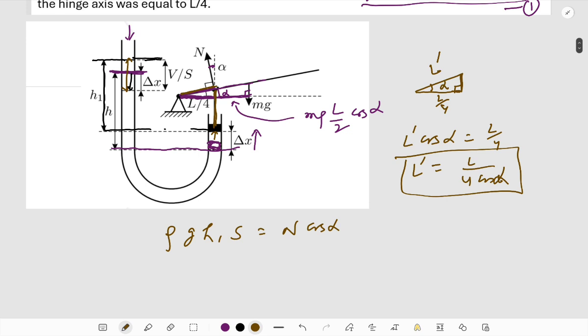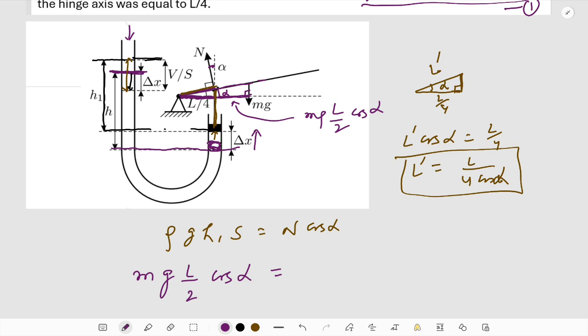And the moment of gravity in this case will simply become mg, and the lever of mg was what? L by 2 cos alpha. So I'm going to write down here L by 2 cos alpha is the torque of the weight, and that will be equal to the torque of the normal in this case.